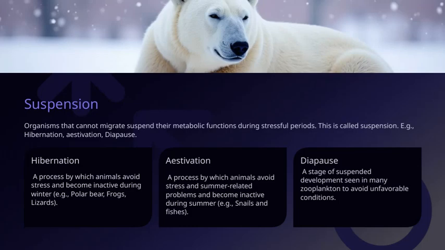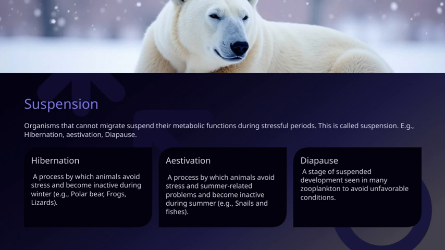On this slide, we're looking at a stage called suspended development, which is observed in many zooplankton. This is a survival strategy where they essentially pause their development to avoid unfavorable environmental conditions. Now, this process is often referred to as diapause. Diapause is a way for animals to escape stress and challenging periods, like the hot summer months.